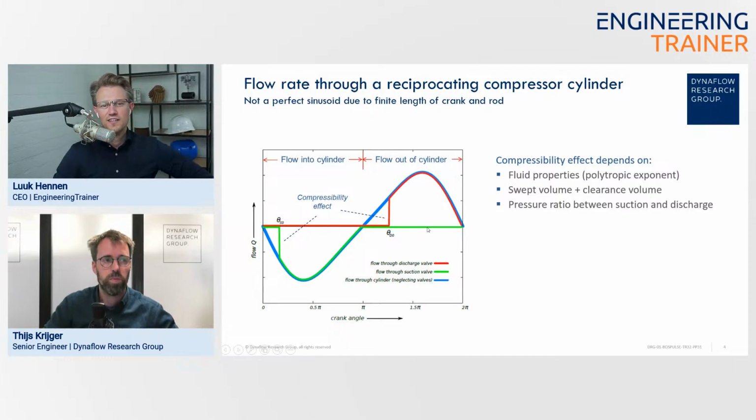Yeah. So we end up with the green and the red one in the actual system. Yes. Yeah. So you'll have the green one, which acts on your suction piping. So the flow in the suction piping will look like this green graph, and the flow on the discharge piping will look like the red graph. Yeah.